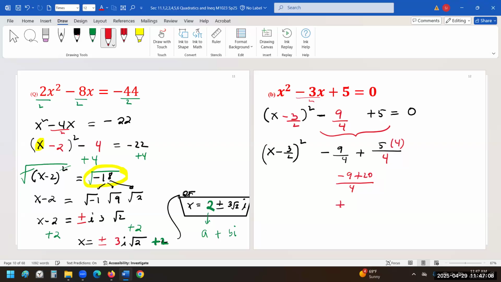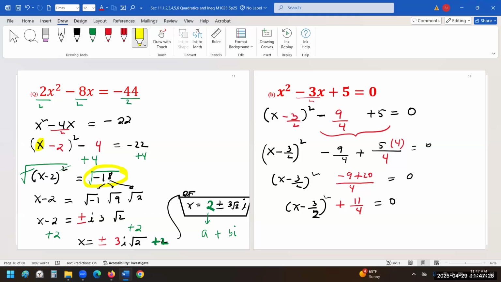That gives us plus 11/4. x minus 3/2 squared plus 11/4 equals 0.